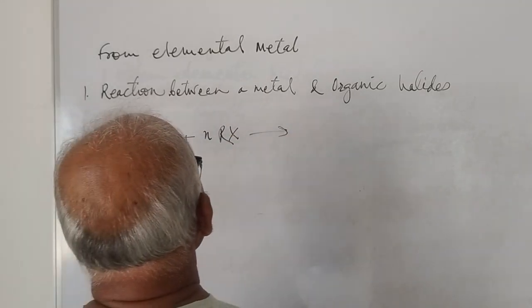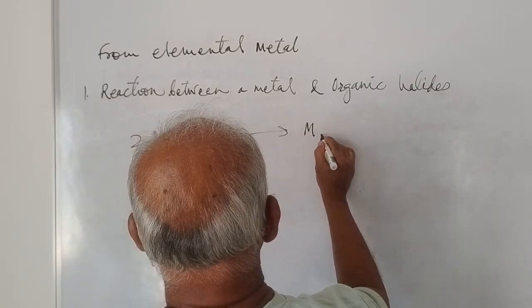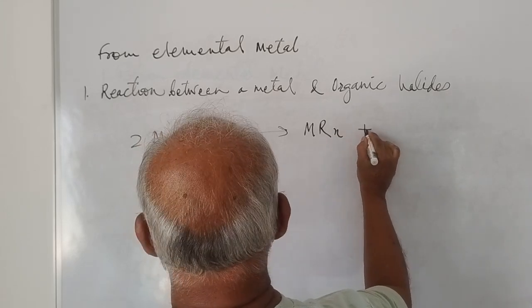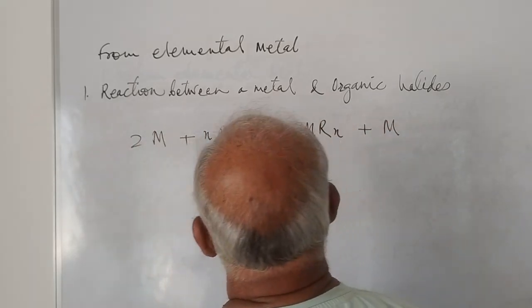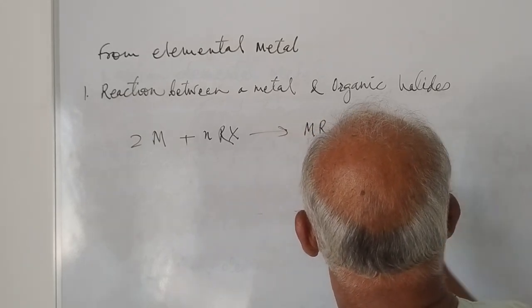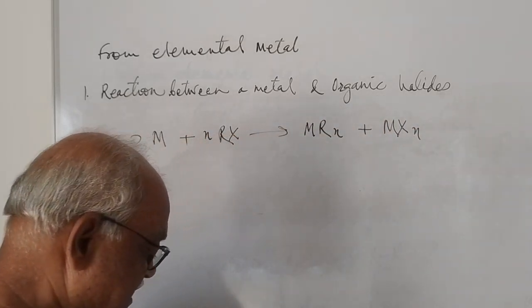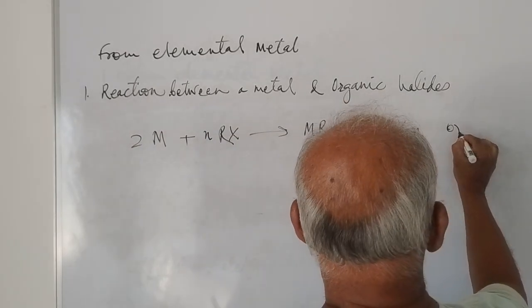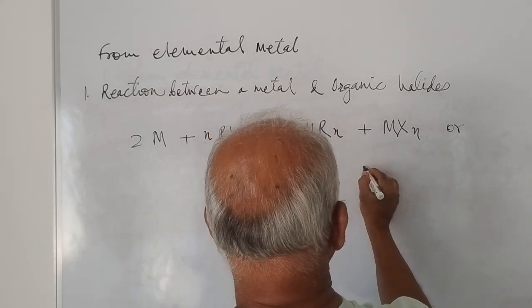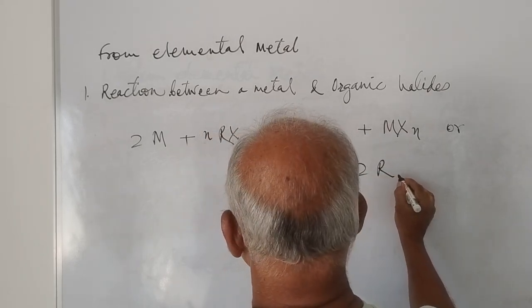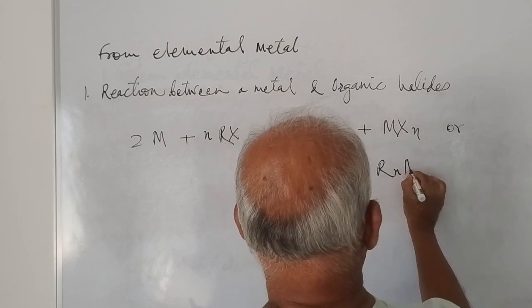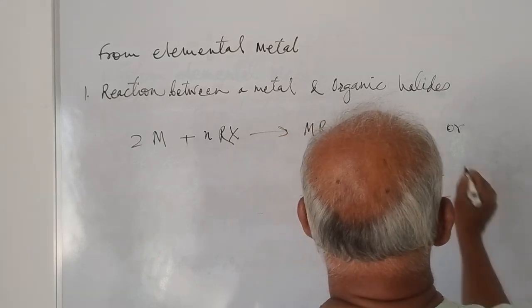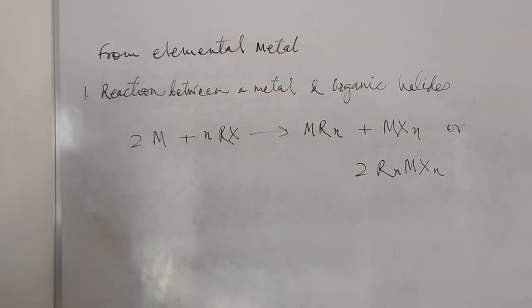So it gives the metal compound MRn plus MXn, or we can also show the formation of 2 R n M X n, meaning this is an addition product.